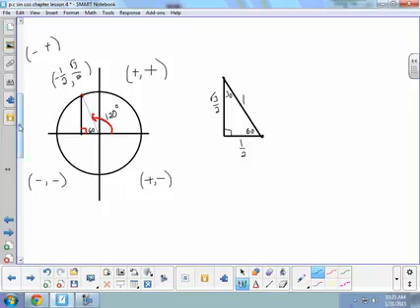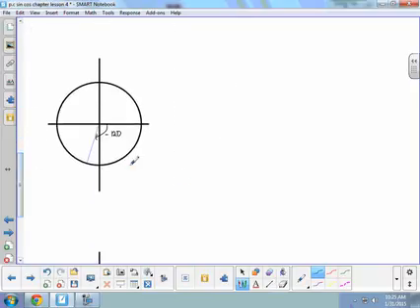Let's do another one. All right, on this one, they're giving me negative 120 degrees. Well, I'm going to go ahead and form an angle, and I want to form that angle with my x-axis. So let's go ahead and draw it a little bit bigger so it's easier to work with.